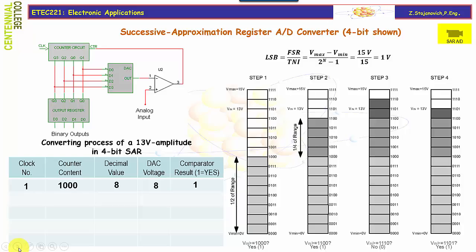Now the comparator has to make a decision: is the amplitude of the sample higher than or equal to 8 volts, or is it not, meaning is it lower than 8 volts.